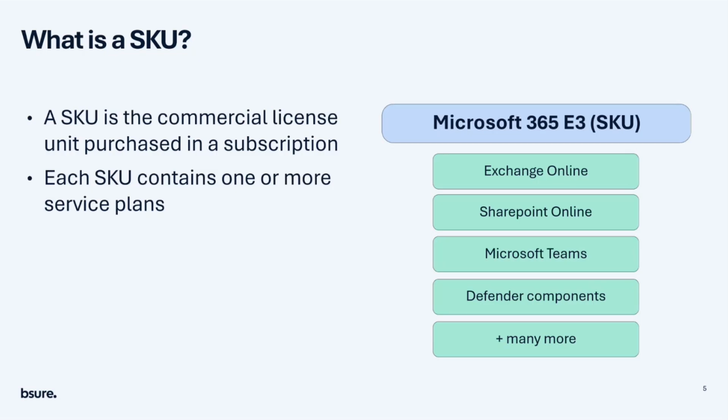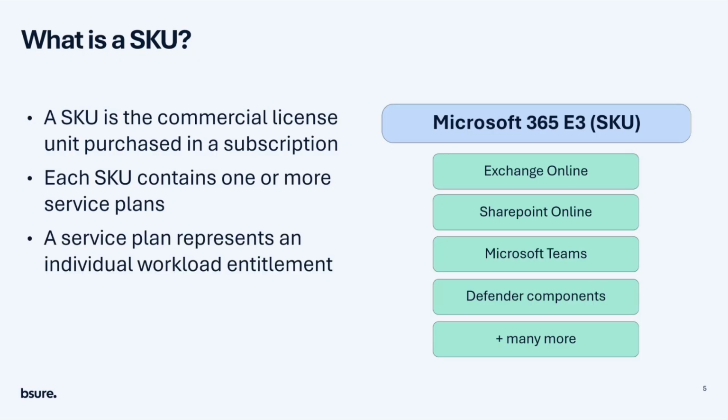And there are many, many more inside Microsoft E3. When you assign a license, you assign the SKU, but technically what the user receives are the individual service plans inside that SKU. And as I said before, you can enable and disable those individual service plans.